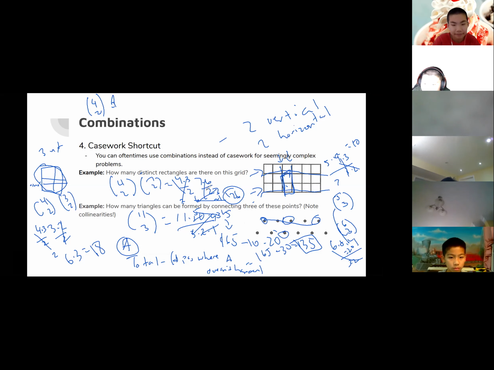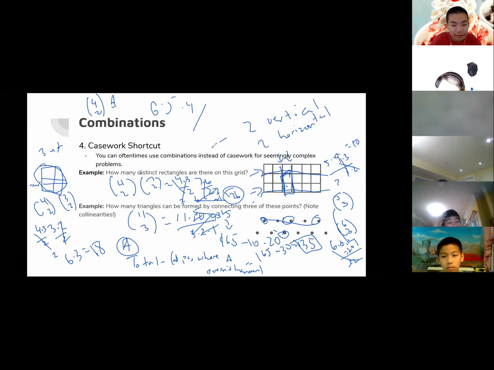The reason we have 6 times 5 times 4 is that we have 6 options for the first one, 5 for the second, and 4 for the third. So we're just choosing 3 points. And then we divide by the number of ways you can rearrange them, which is 3 factorial, which is 6. Does that make sense? Does that clear things up?